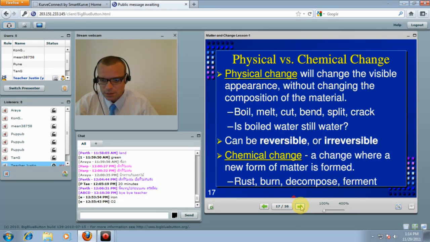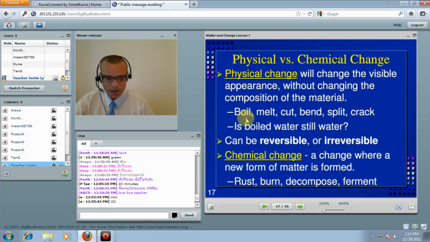Okay, next. Physical versus chemical change. Physical change will change the visible appearance without changing the composition of the material. So you can boil water, it won't actually change it, it will still be water.